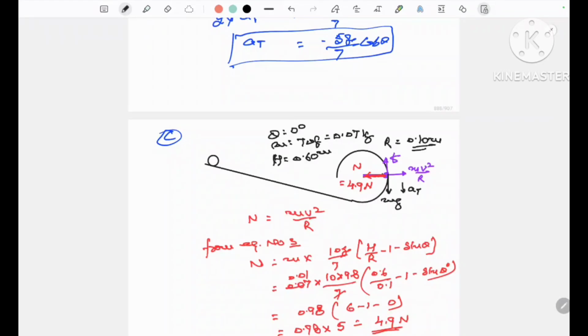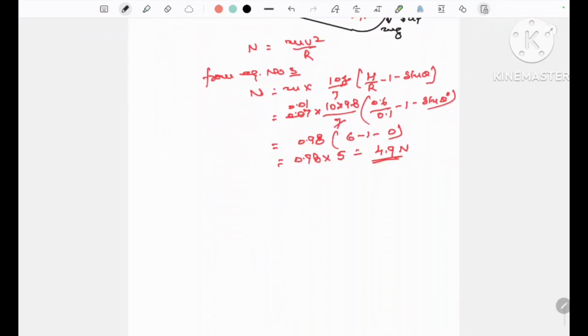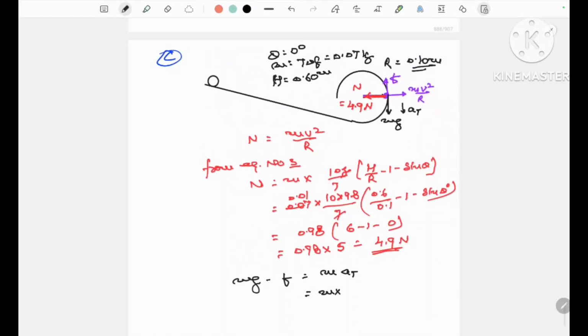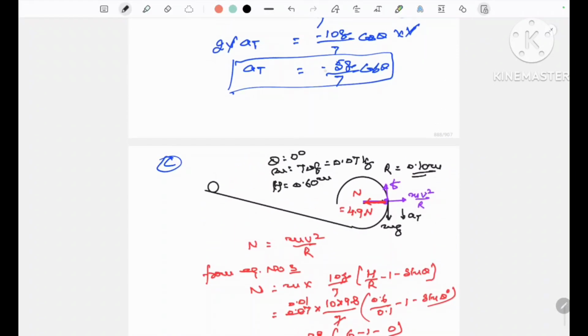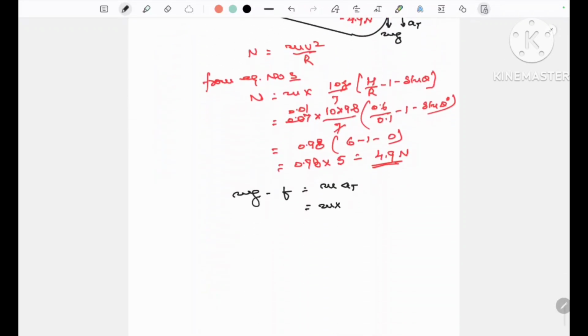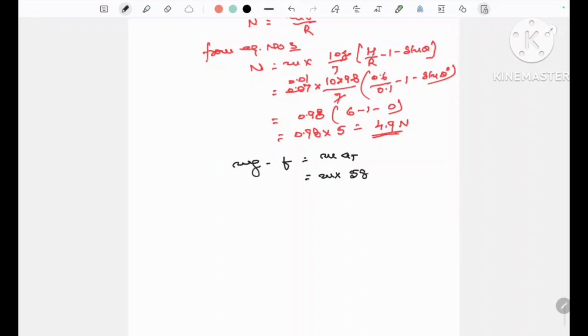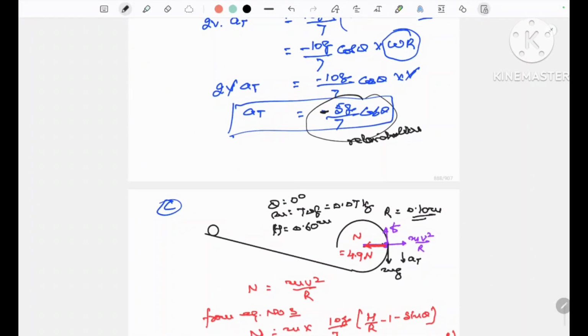This is mg. mg minus f will be equal to m at, or m into this, minus sign shows the retardation, 5g by 7 cos theta.